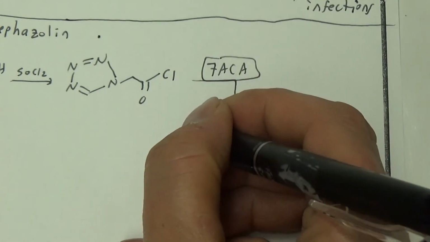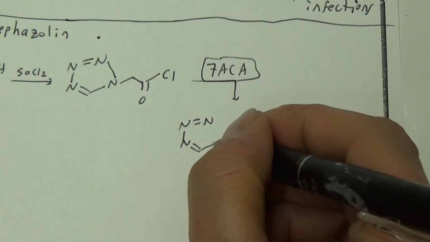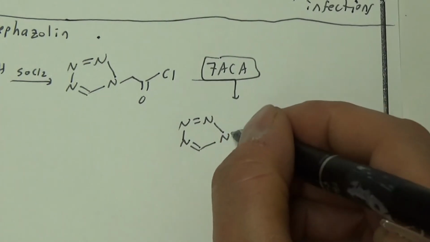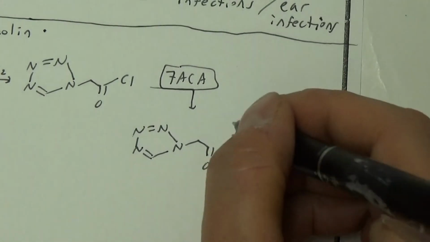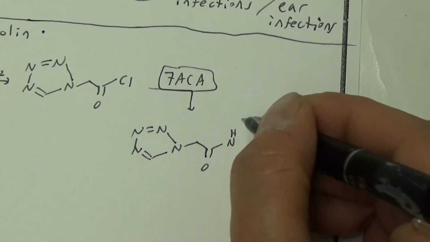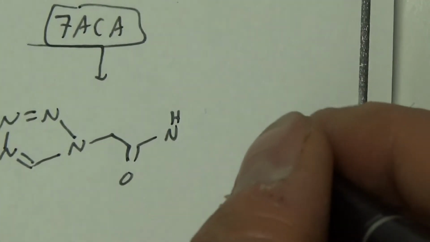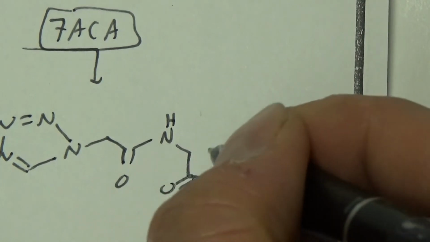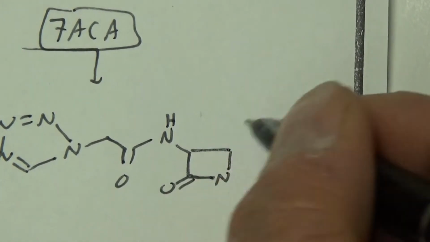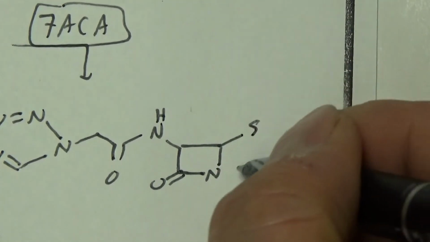So redraw my tetrazole, acetyl bond O, nitrogen, there's my beta-lactam, and then the cephalosporins have the 6-member ring.